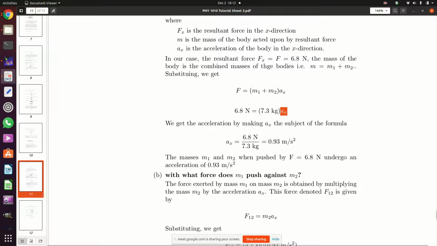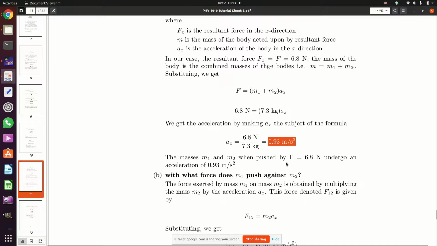Making the acceleration the subject of the formula, we end up having ax is equal to 6.8 newtons divided by 7.3, and we get a value of acceleration which is 0.93 meters per second squared.